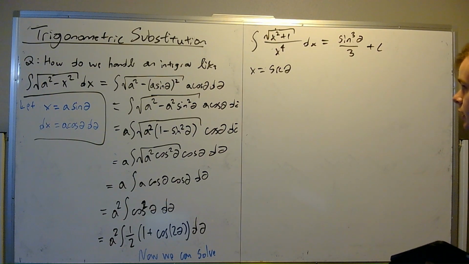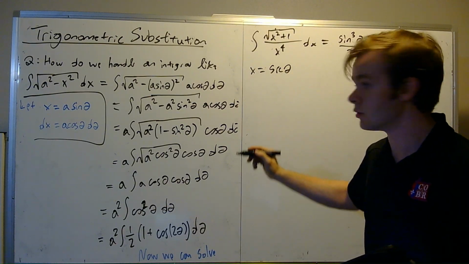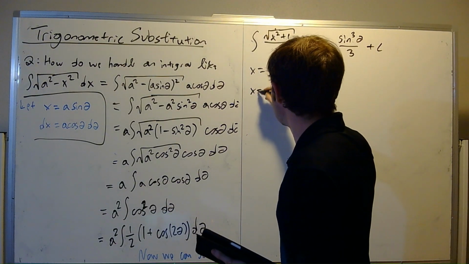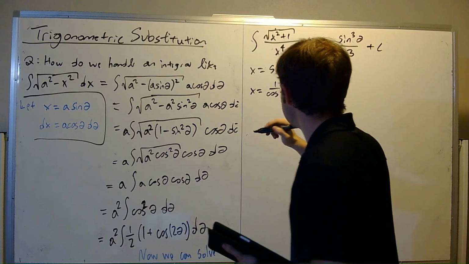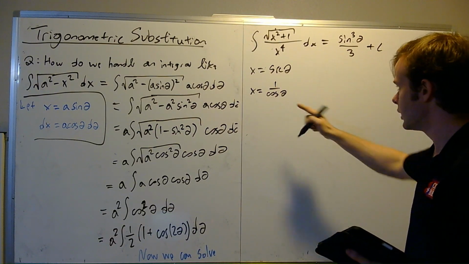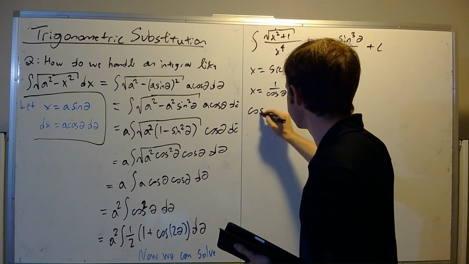Okay, and again, we need to go ahead and look at, well, secant is 1 over cosine, so x equals 1 over cosine theta. We're trying to solve for cosine theta, so we multiply both sides by that.